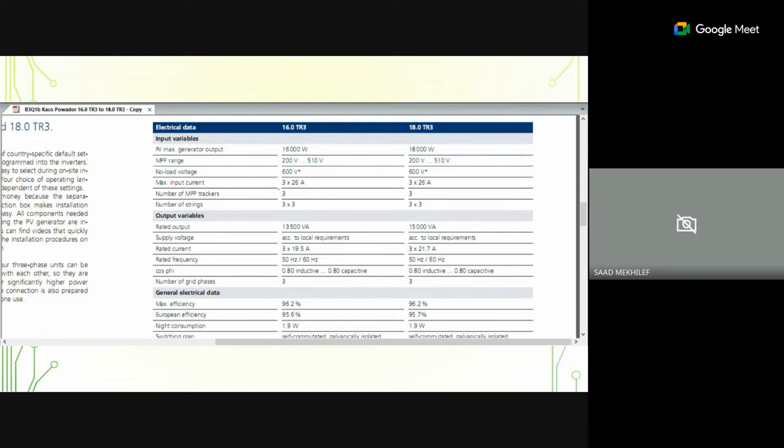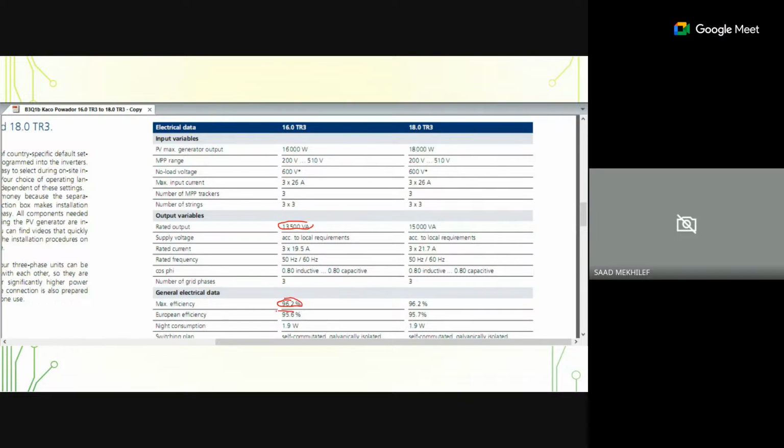So this has 3 MPP. So you can connect three strings maybe to this. See. So this is another one. This is the output. It's 13.5 kilowatt. See the efficiency, maximum efficiency.